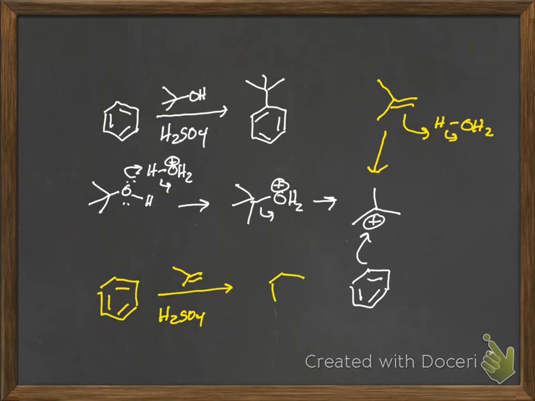Where the Friedel-Crafts alkylation kind of goes off the rails is when you have something like this. Let's change it to 1-chloropropane and aluminum trichloride.